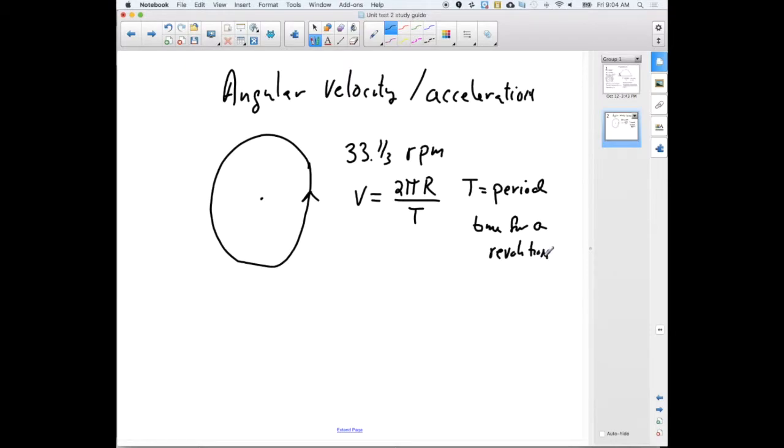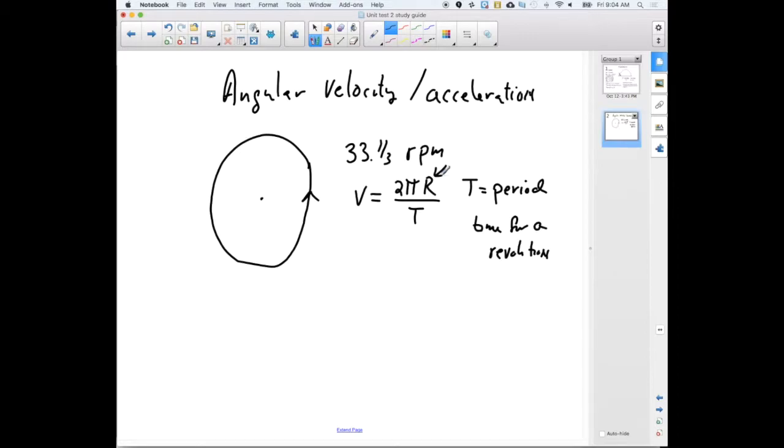One of the interesting things is that no matter where I am on the circle, I still make the same number of revolutions per minute. But if I want to figure out how fast I'm going, it's going to depend upon how far out on the circle I am. Does that make sense?